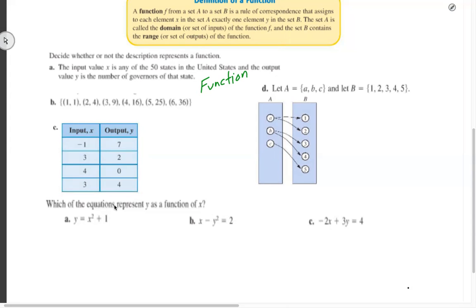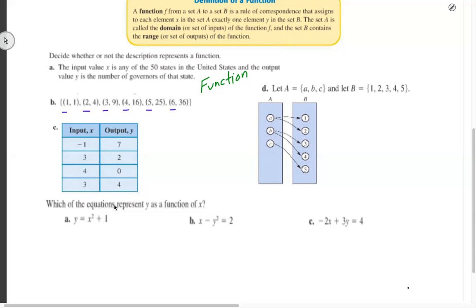B. All right, this one's going to be a little easier to see. With B, in order to determine if it's a function, we simply look at the x values. Miss Puckett, do you see all those x values I underlined? Now I want you to pay special attention to them.